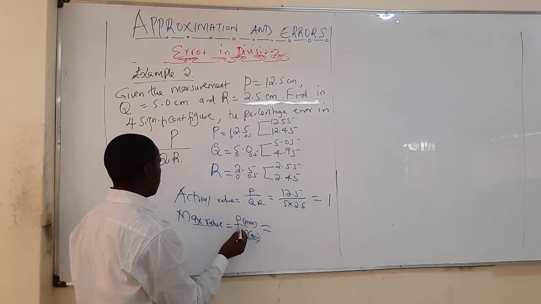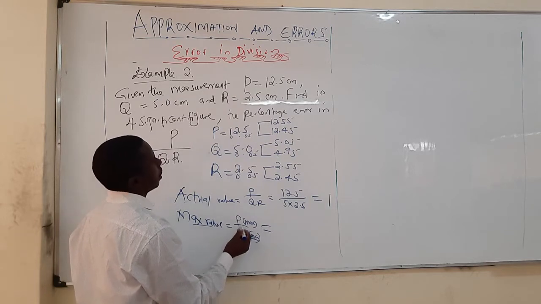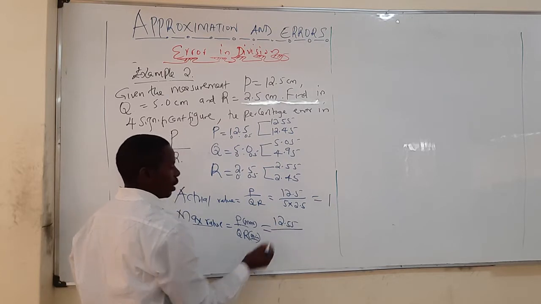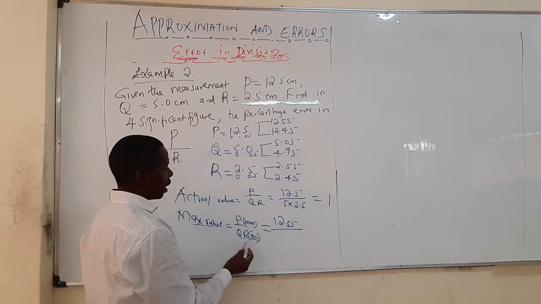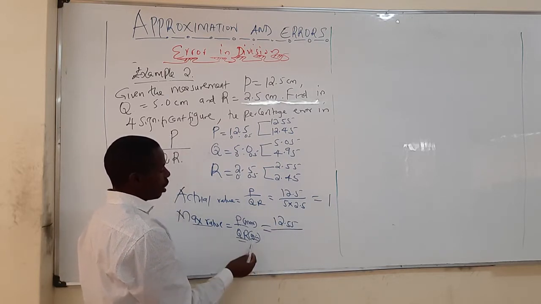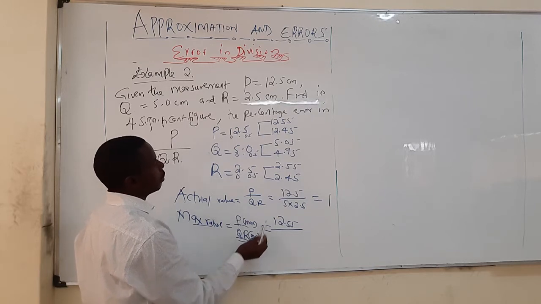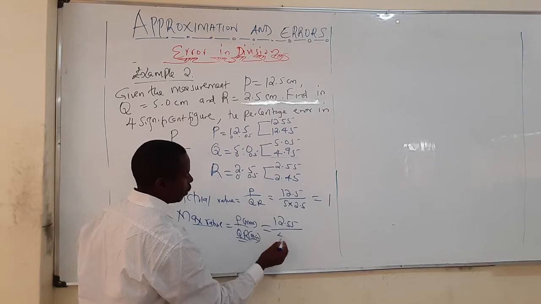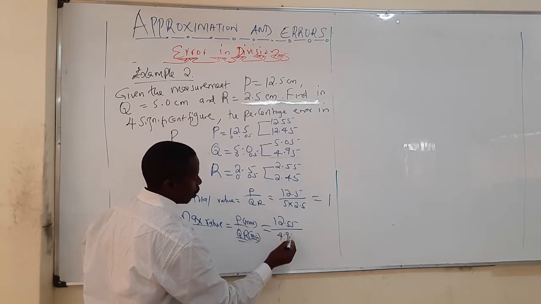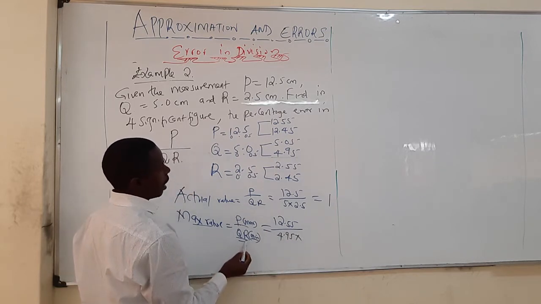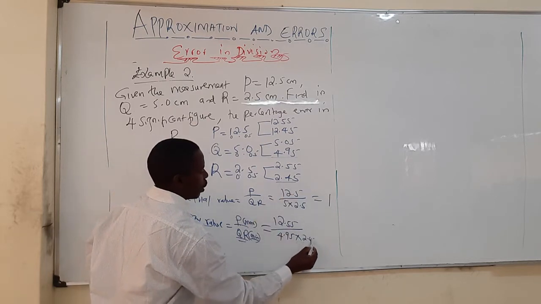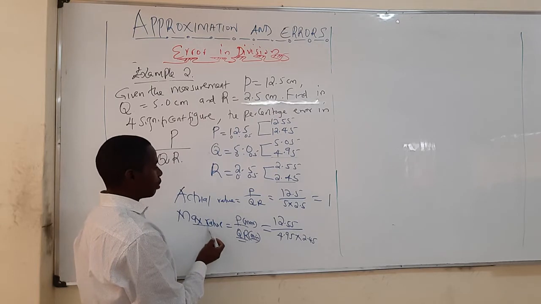So P being maximum, or the upper limit, should be 12.55. Then you divide by QR. QR is multiplication. For the minimum multiplication, we multiply 4.95 by the R minimum, 2.45. So that is our maximum value.